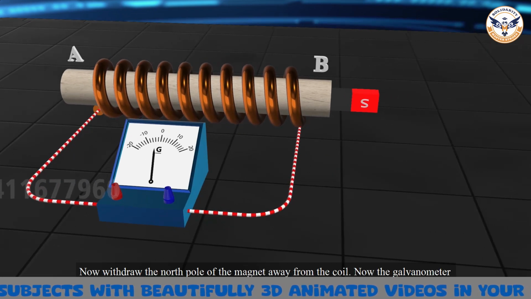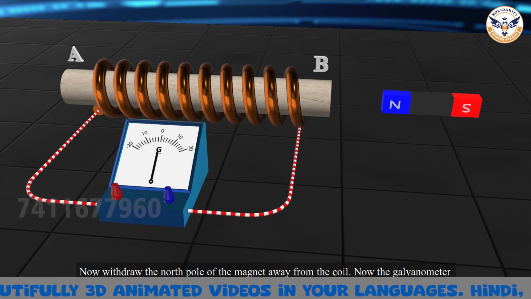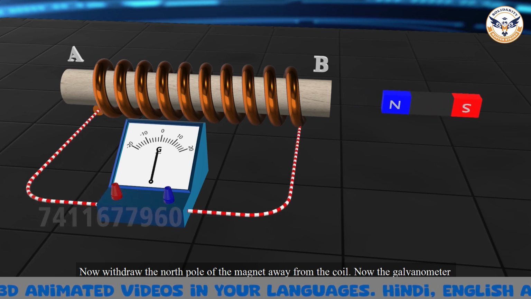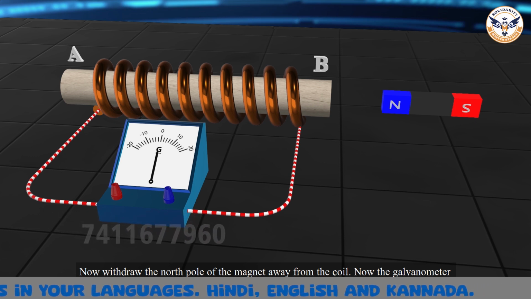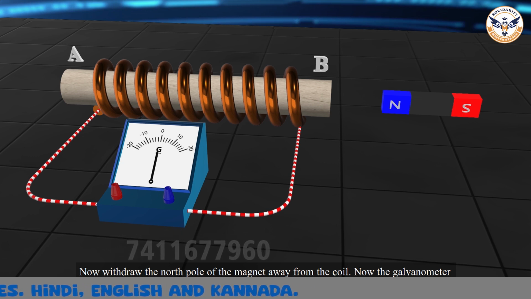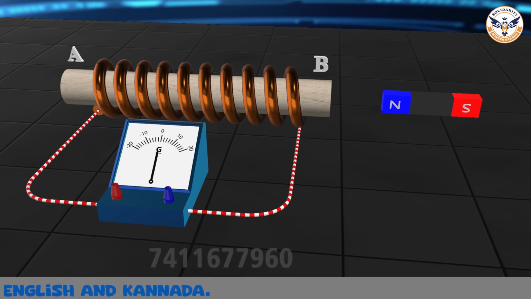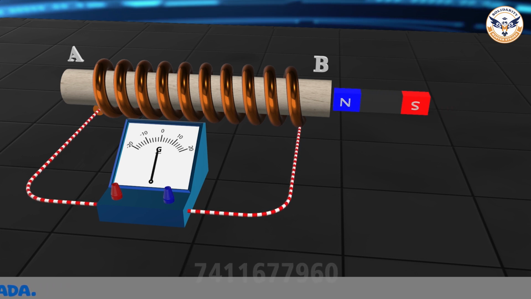Now, withdraw the north pole of the magnet away from the coil. Now the galvanometer is deflected toward the left, showing that the current flows opposite to the first. Place the magnet stationary at a point near the coil, keeping its north pole towards the end B of the coil.